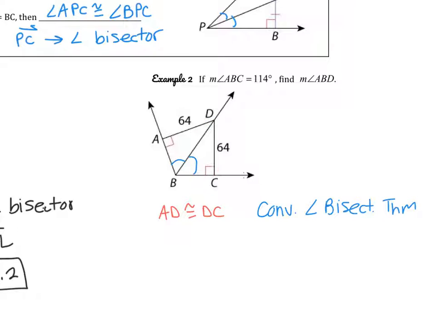Since this point is equidistant to the sides of my angle, I know that ray BD must be an angle bisector, which means that angle ABD is congruent to angle CBD.